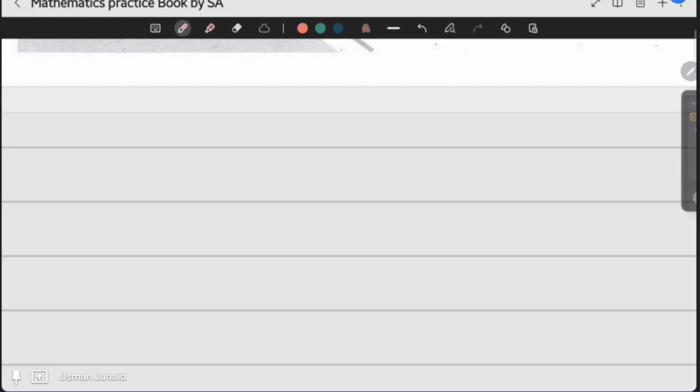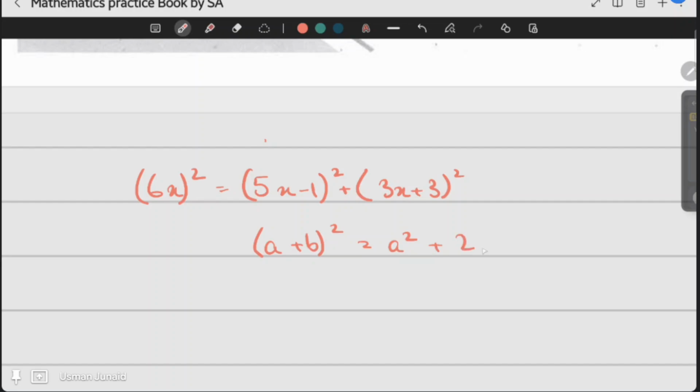Yes. So if we have 6x whole squared is equal to 5x minus 1 whole squared and 3x plus 3 whole squared, right? Do you remember when we have two terms, two variables, a plus b whole squared, it forms this identity which is called a squared plus 2ab plus b squared.